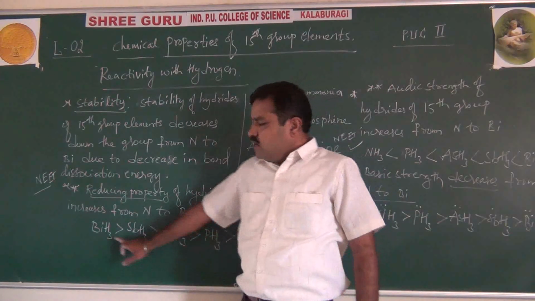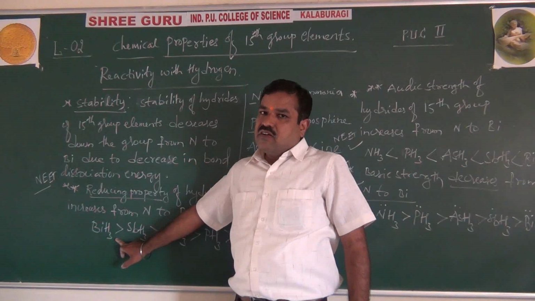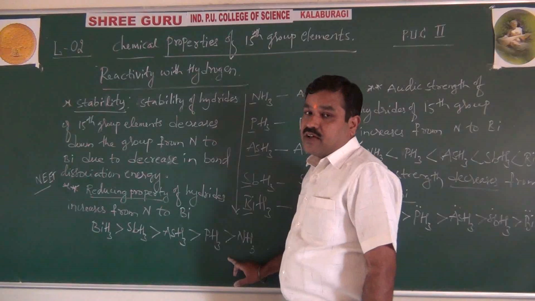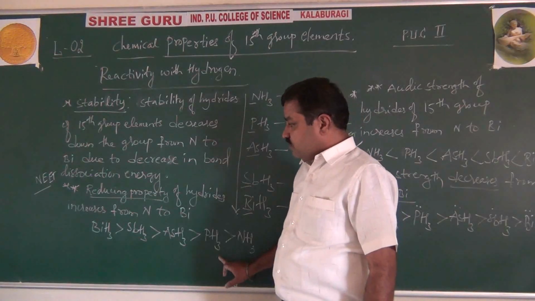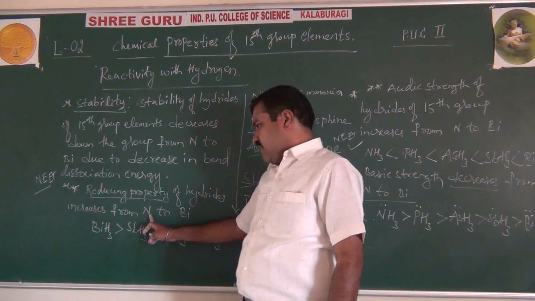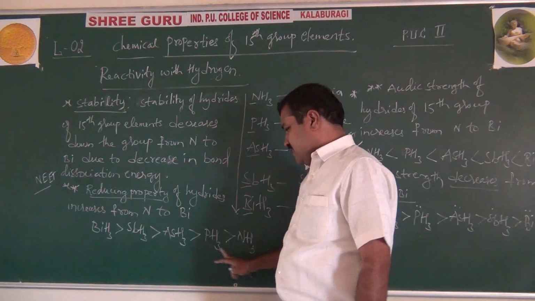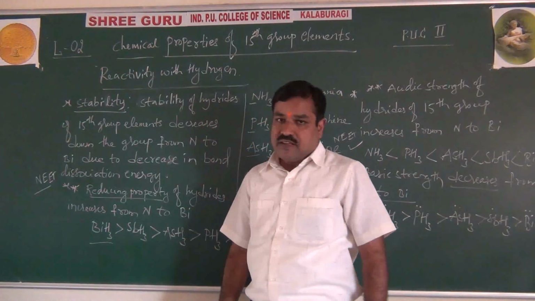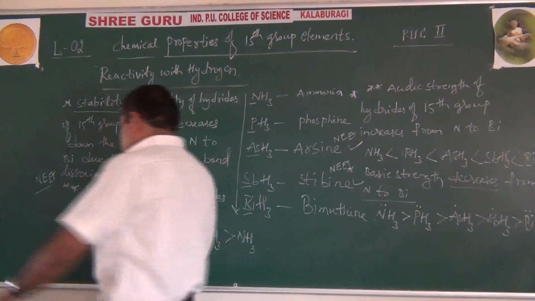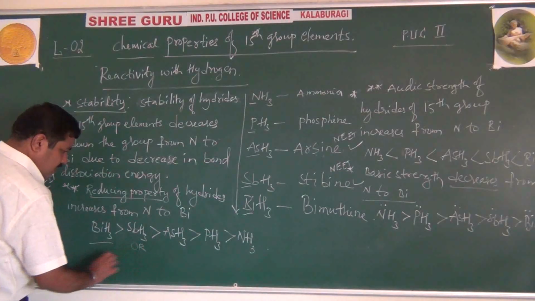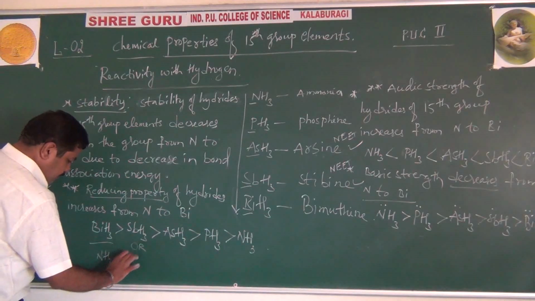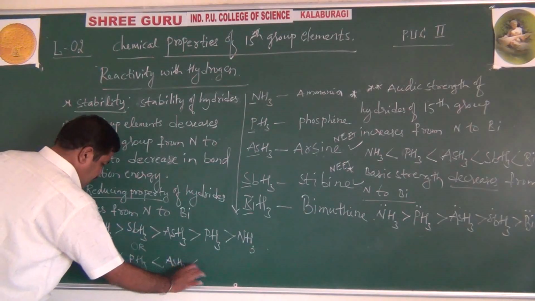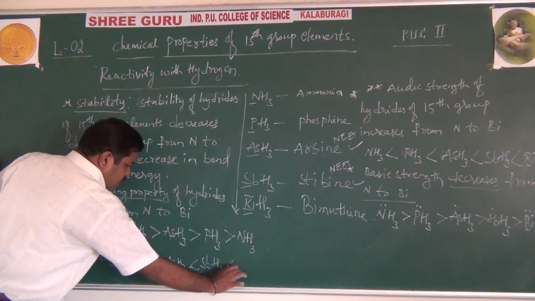This is in descending order, highest to lowest. Even in reverse order you can write this for NEET purpose. Here, according to this, NH3 is less than PH3, PH3 is less than AsH3, AsH3 is less than SbH3, and the strongest reducing agent is bismuthine. Or for no confusion, you can also write this as NH3, PH3, AsH3, SbH3, then BiH3.